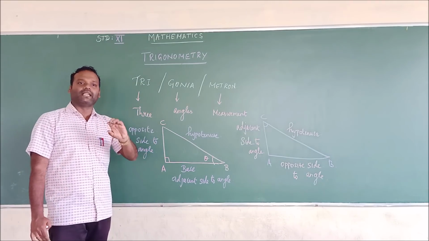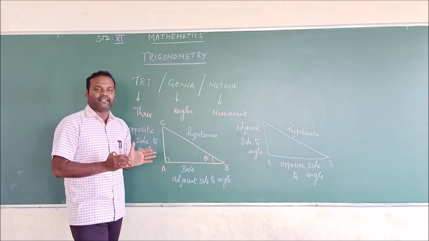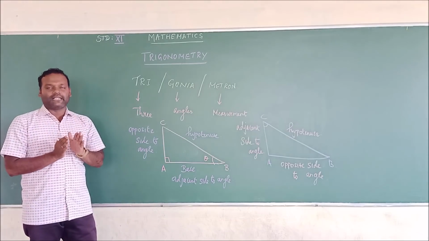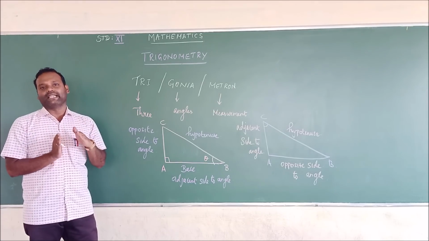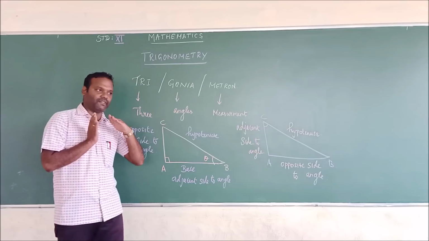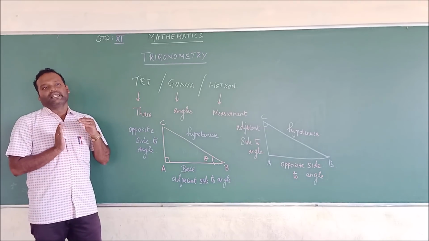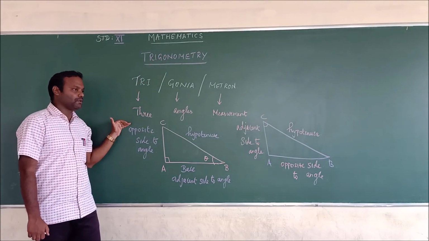Trigonometry is the branch of mathematics involving the relationship between length and angles in a triangle. That is the naming reason for trigonometry. This is the thing you have to know.